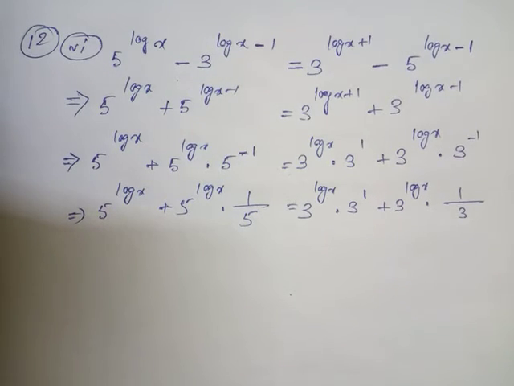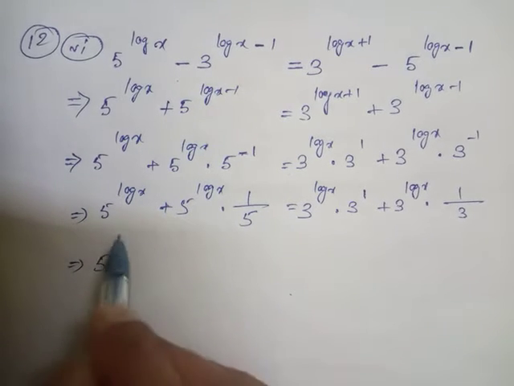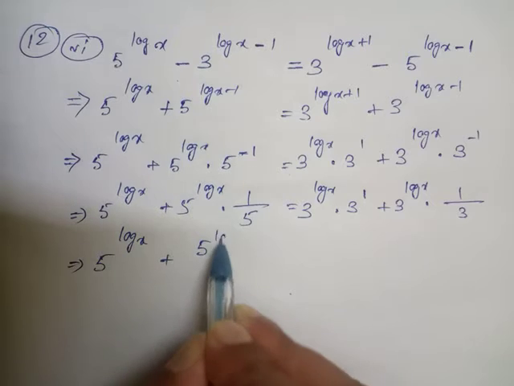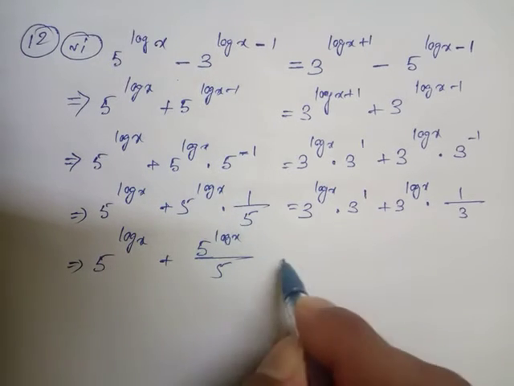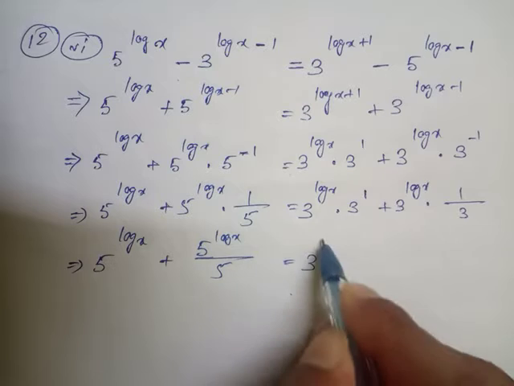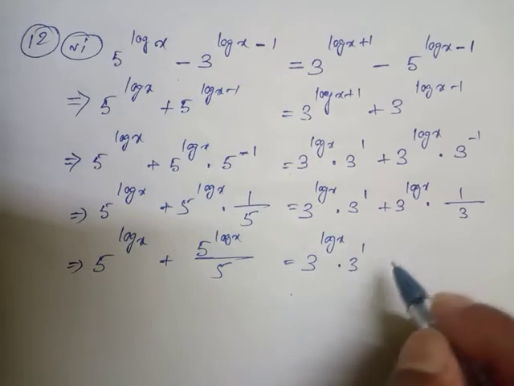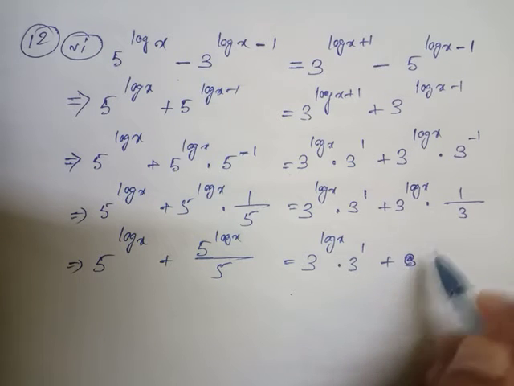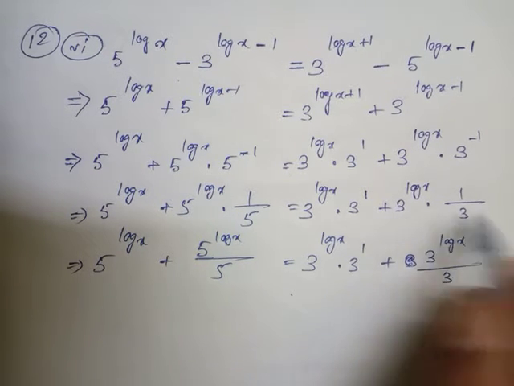Now look, 5 to the power log x plus 5 to the power log x by 5, multiplying. Here 3 to the power log x into 3 to the power 1 plus 3 to the power log x by 3, multiplying.